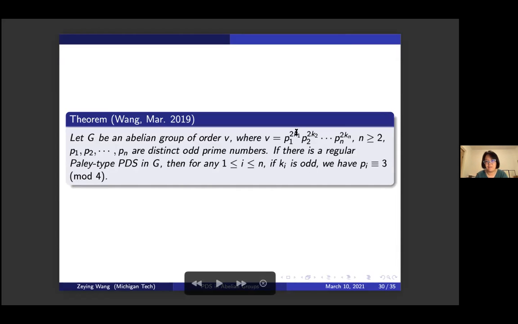So we say if those k_i are odd, we can tell you some information about the p_i. Okay, so that's the first result I proved. But it turns out we can completely solve question 1, and I didn't expect that at that time.